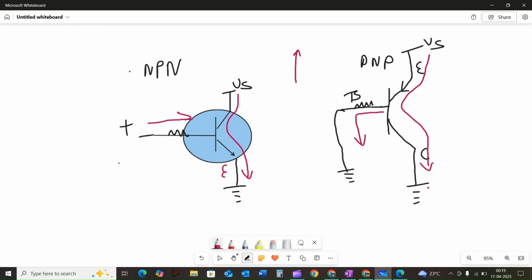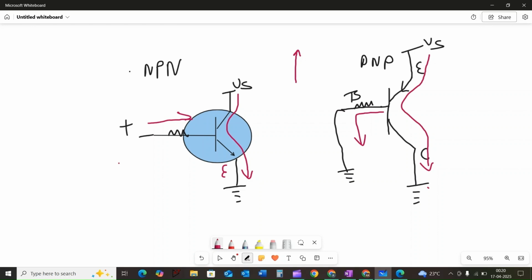The emitter arrow's direction always indicates the direction of emitter current, regardless of whether it is an NPN or PNP transistor. For the most part in our circuit analysis, we'll focus on NPN transistors.